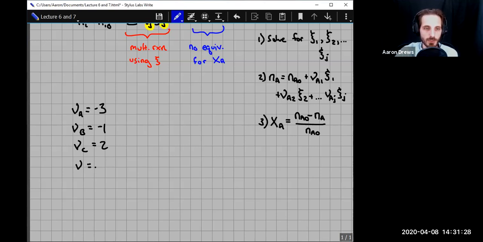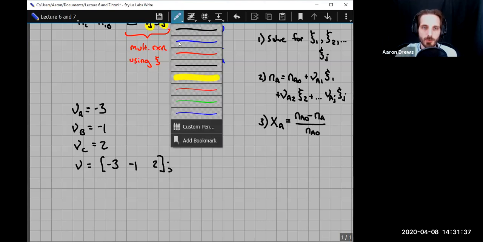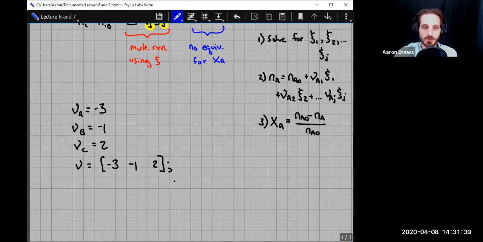So we could call that vector nu, and then we could write it as -3, -1, and 2. So we always enter it in exactly the same way that it would correspond to the species. And so if I wanted these species in here, this would correspond to the form of H2, N2, and NH3.